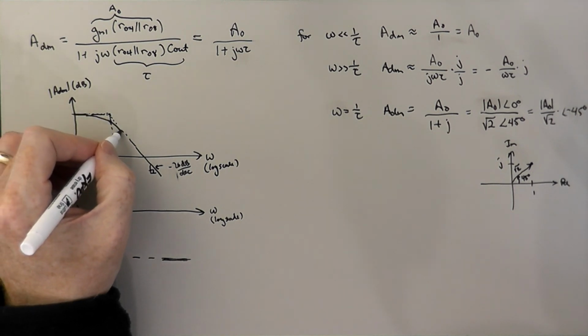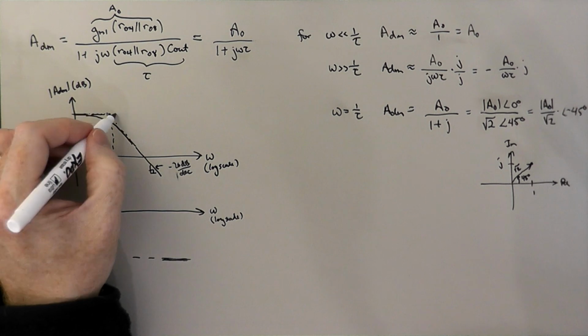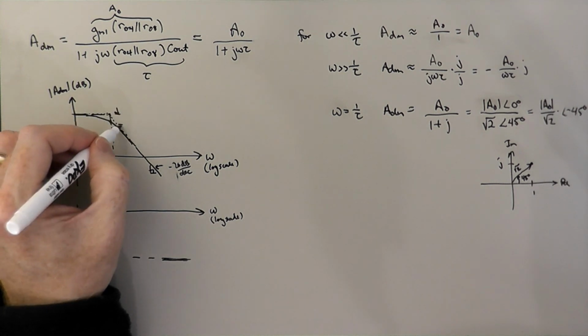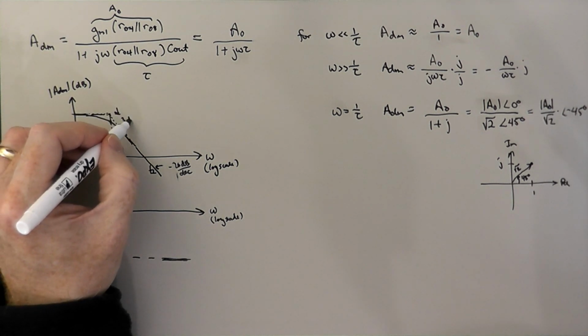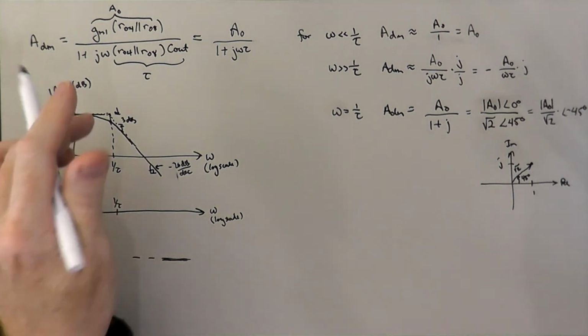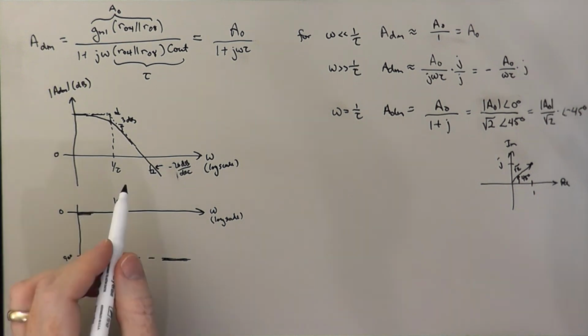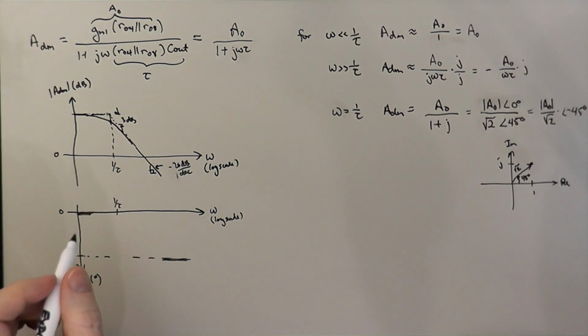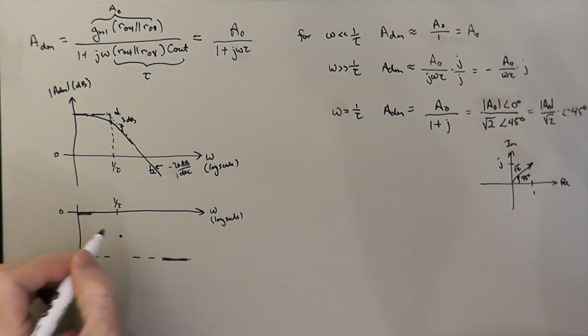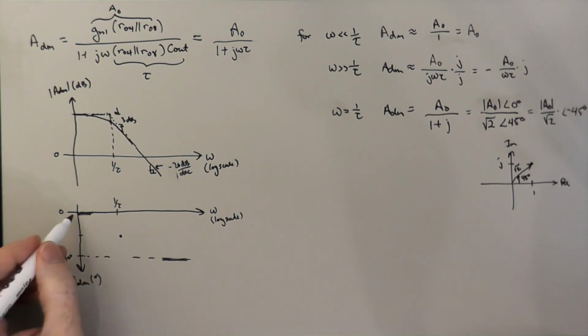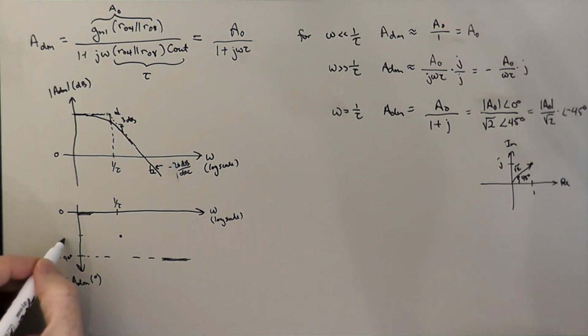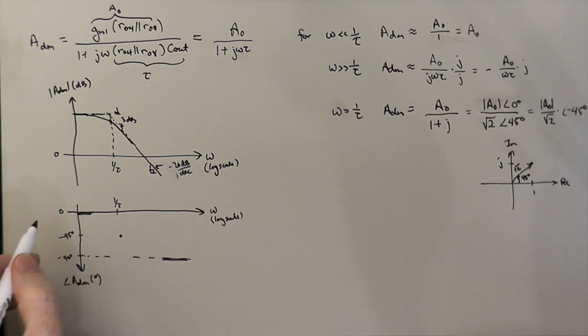So the curve goes something like this, and this is 3 decibels, the difference between the curve at the corner and the place where those asymptotes intersect. And then the actual curve is halfway between the 0 and the minus 90, at minus 45.